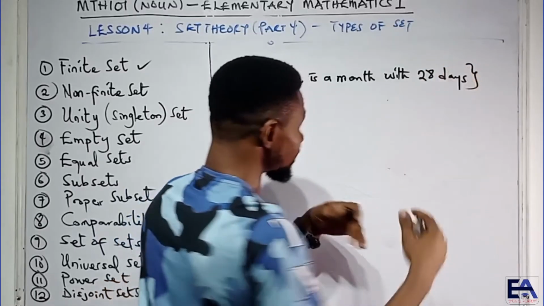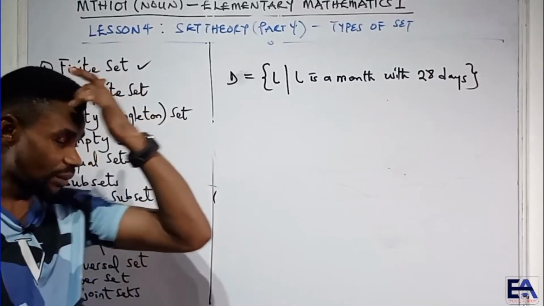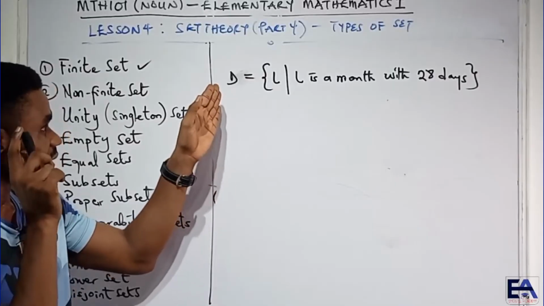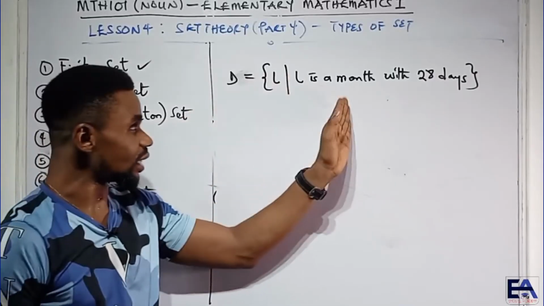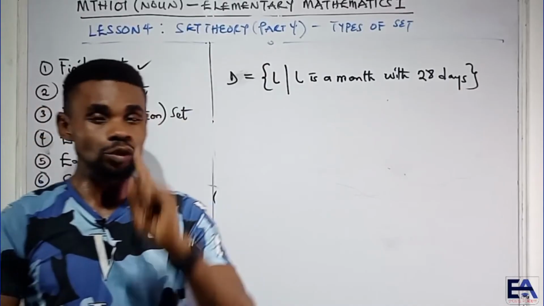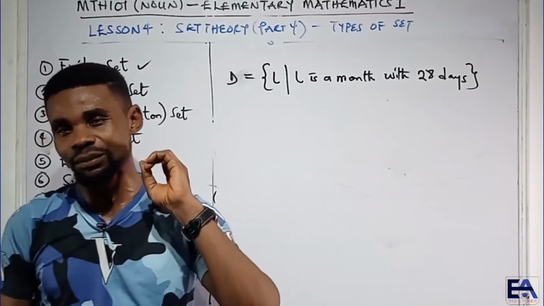Sometimes it's 29, because of leap year, but let's just assume it's not a leap year, okay? So we have D is a set of L such that L is a month with 28 days. Out of all the months in a year, only one of them has the possibility of having 28 days, which is the month of February.